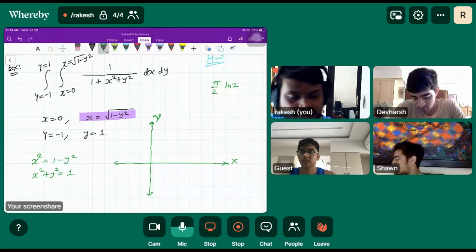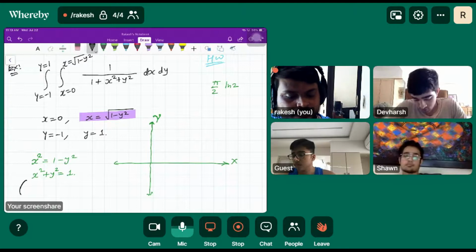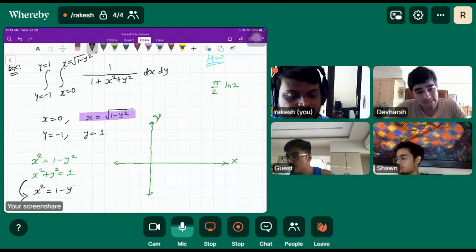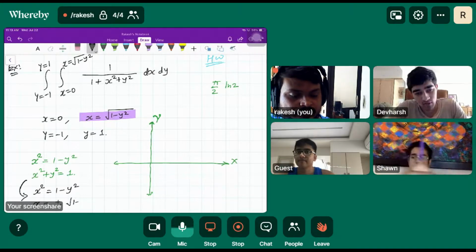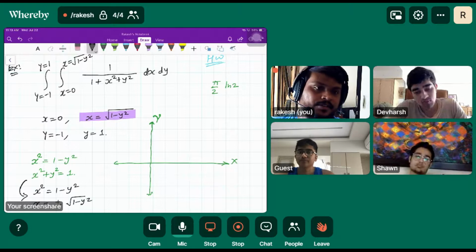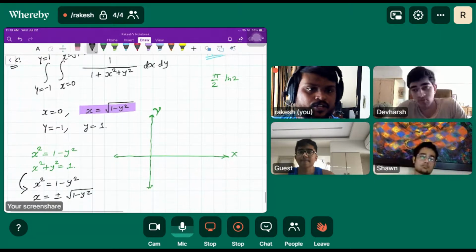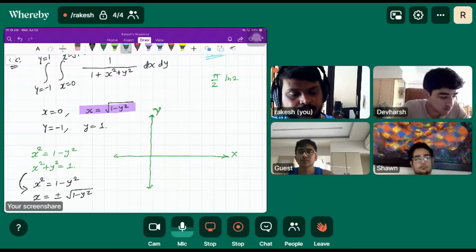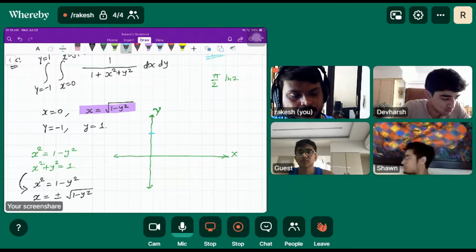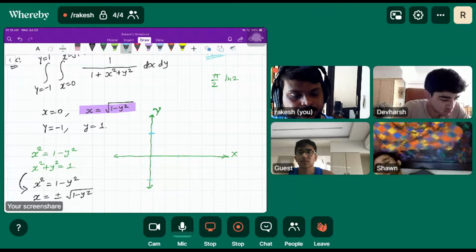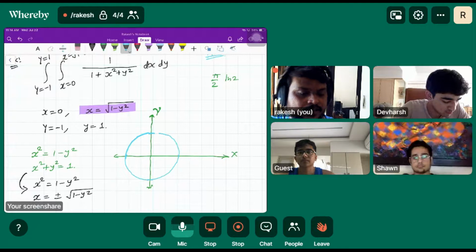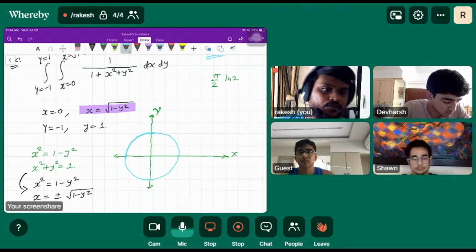If we find the x value here, x square is equal to 1 minus y square, and then x is equal to plus minus root 1 minus y square. If you draw the full circle of radius 1, the equation is x square plus y square is equal to 1.